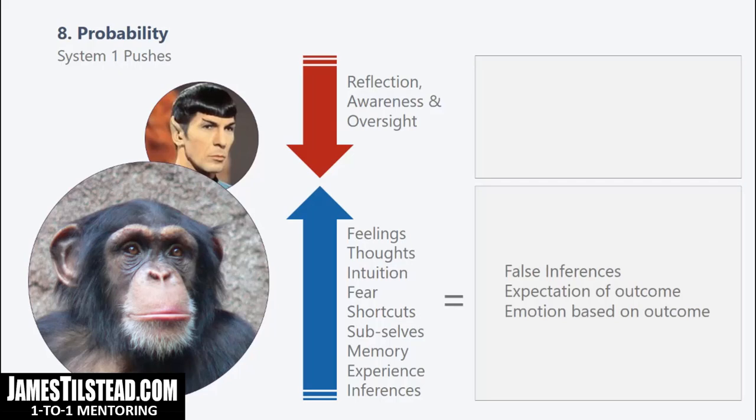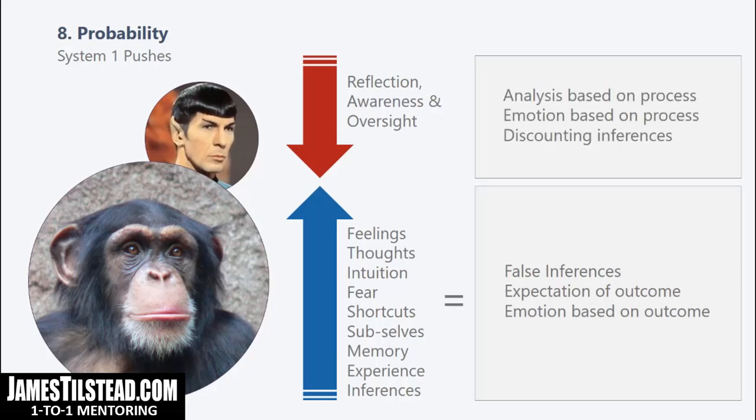In other words, are you focused on short-term outcomes? What you want is oversight to be able to discount false inferences and begin to place your focus on the process you are following. Trading is all about measuring your process, not outcomes. You can't control the outcomes, but you can control what you do.